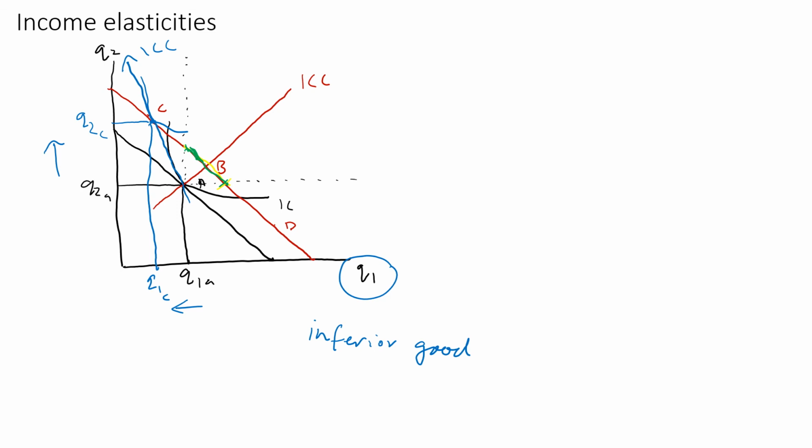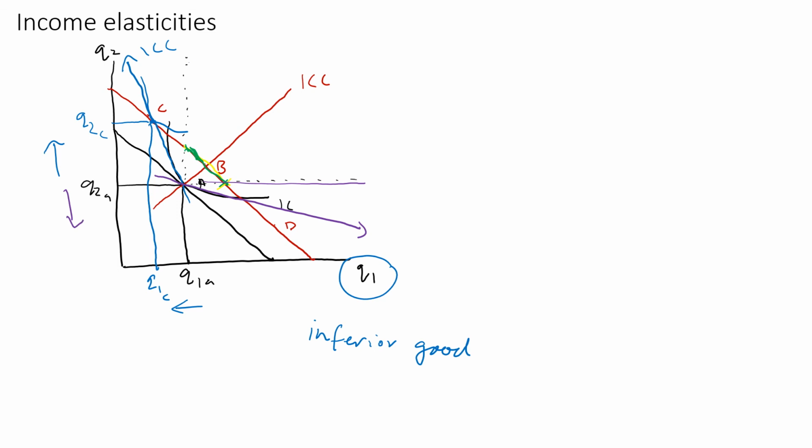And there is another possibility: if the income consumption curve slopes downward below this line. In that case, we are reducing the consumption of Q2.